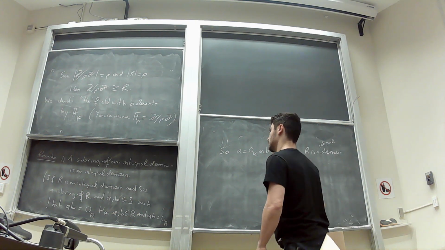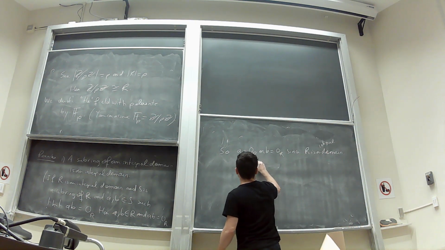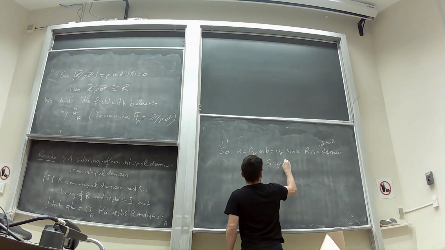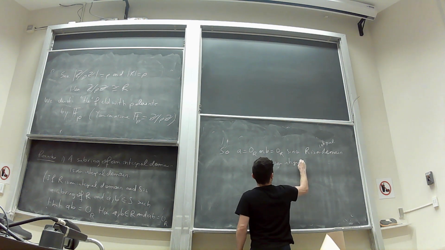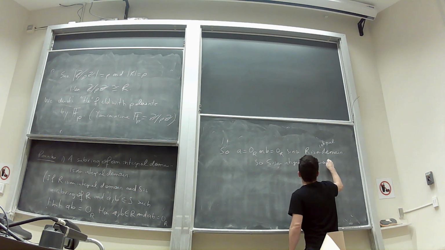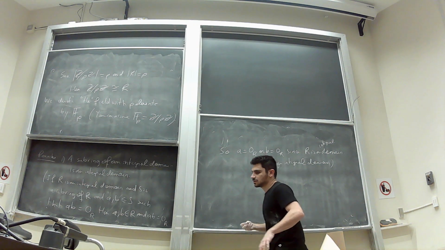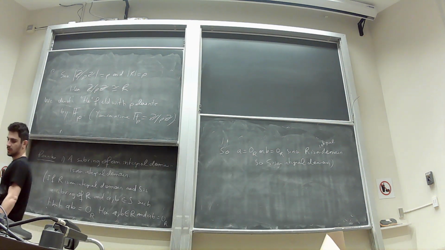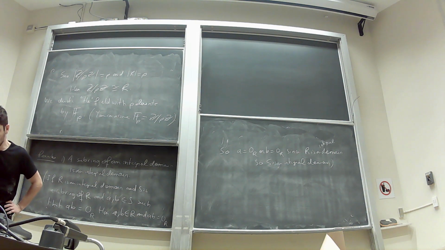Blah, blah, blah, that's good. Okay, so S is an integral domain. Okay, and you can prove also that if R has no zero divisor, then S has no zero divisors, because any zero divisor in S would be a zero divisor in R. Okay. Great.